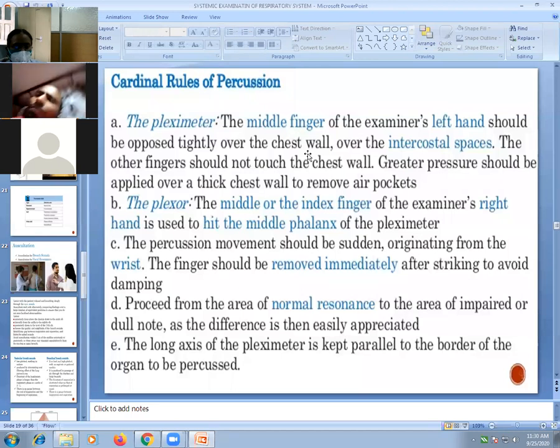If you tap over the bony part, bony prominence, it is stony dull note. And the other note is resonant note.